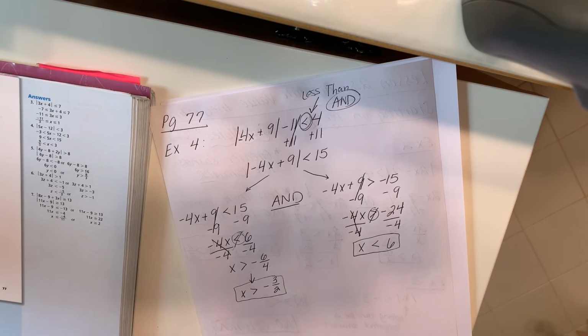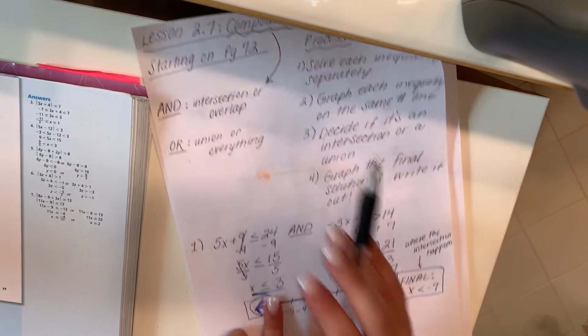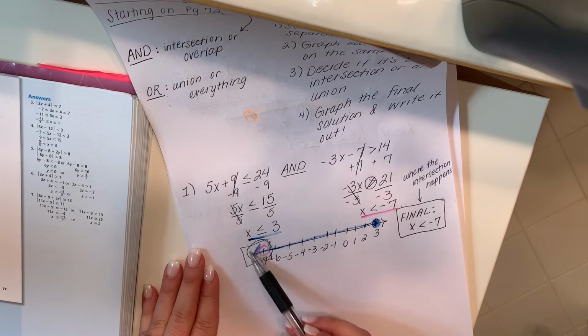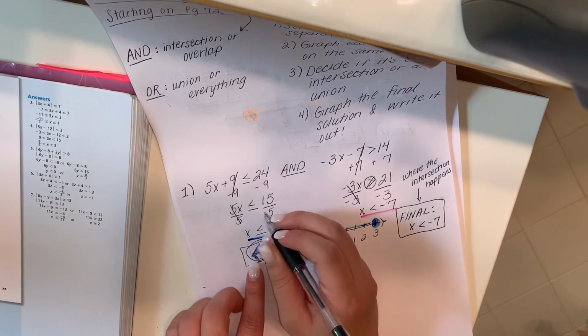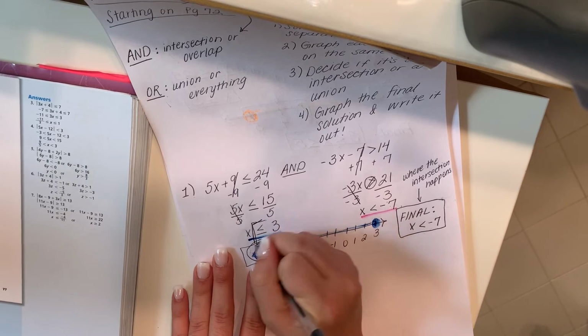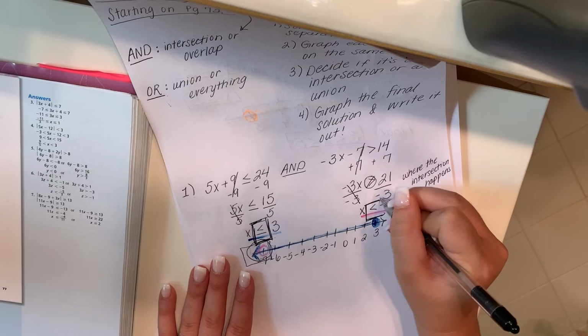So I'm going to go back to lesson 2.7 and show you the two "and" problems that we worked on before. If you notice with example 1 back on page 72, they only intersected in this one section. And pay attention specifically to the signs. I'm going to box it in a bit more than usual.